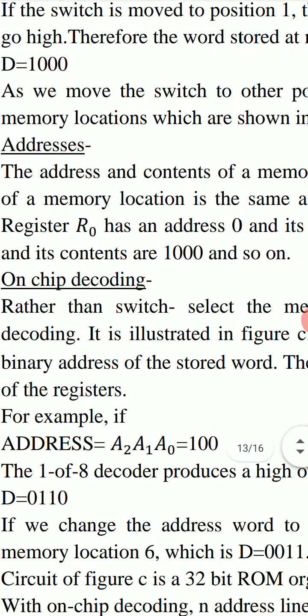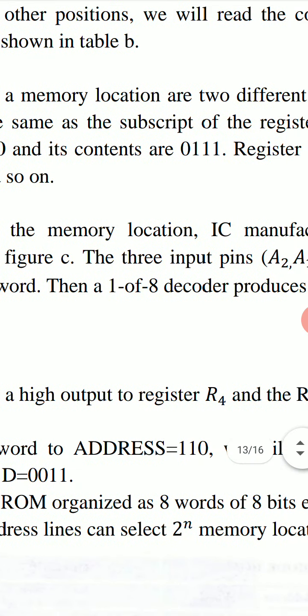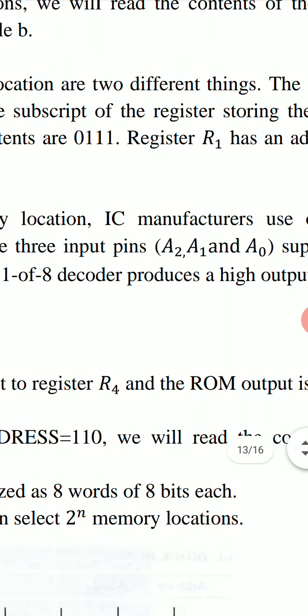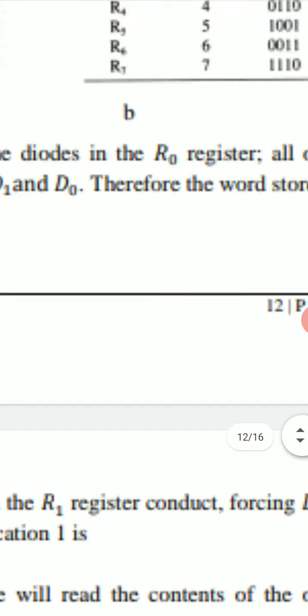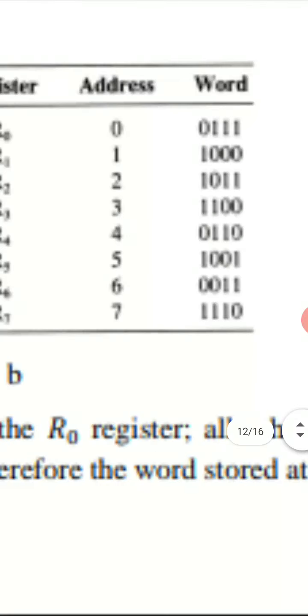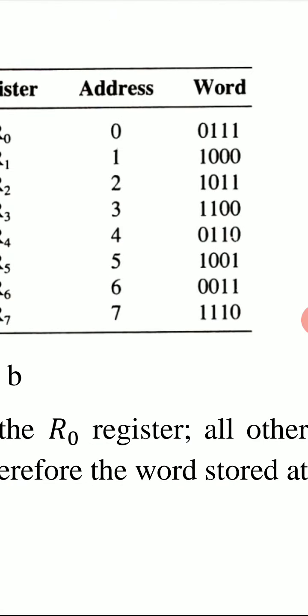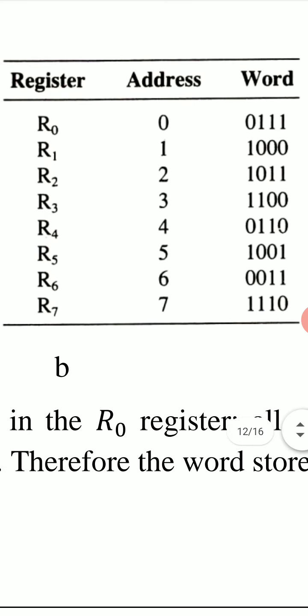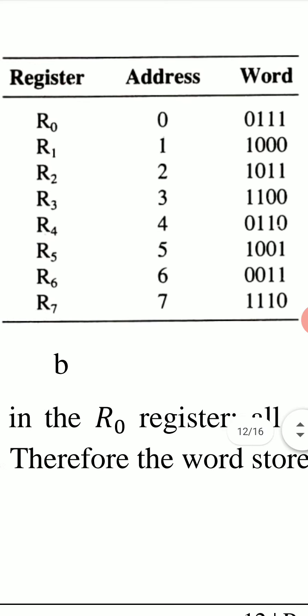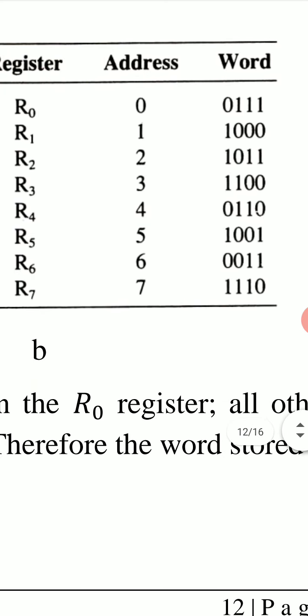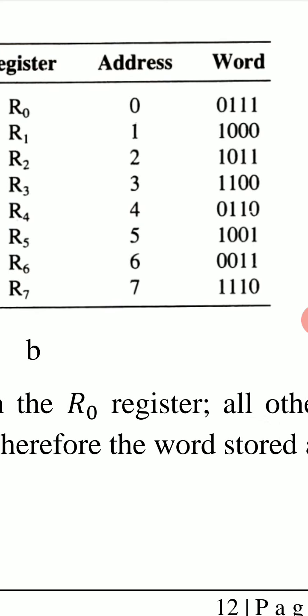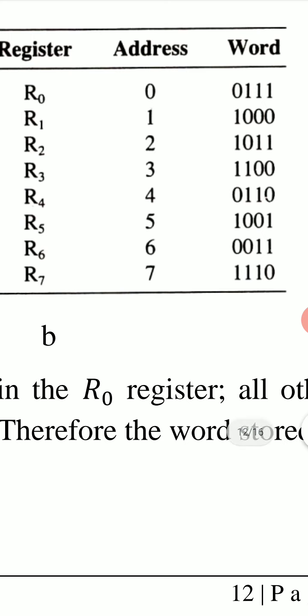For example, if we see this table, the address of memory location or register R0 is 0 and the stored word is 0111. Similarly, the address of register R1 is 1 and the word stored in it is 1000 and so on.